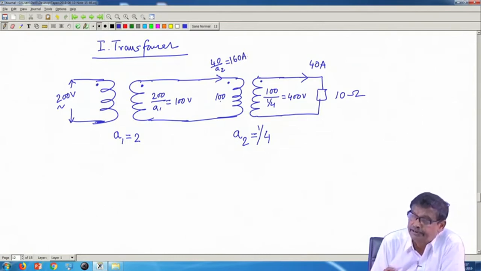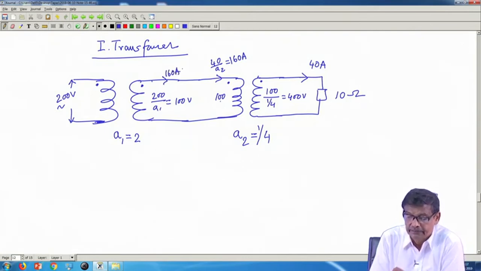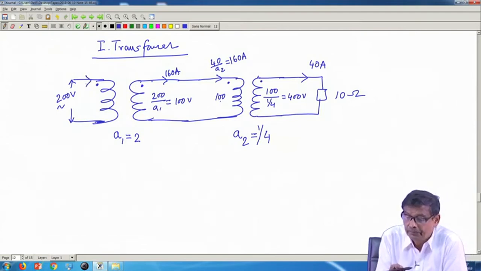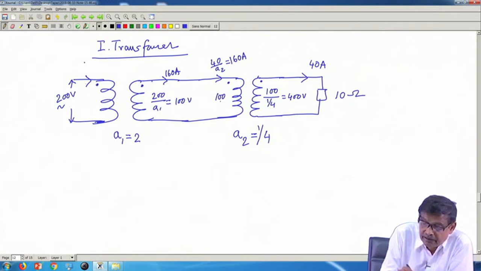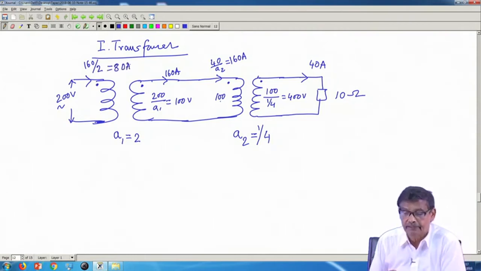It will be 160 ampere. If it is 160 ampere, what will be the current in this secondary? It will be 160 by A1, that is 2, which is equal to 80 ampere. Got the point?